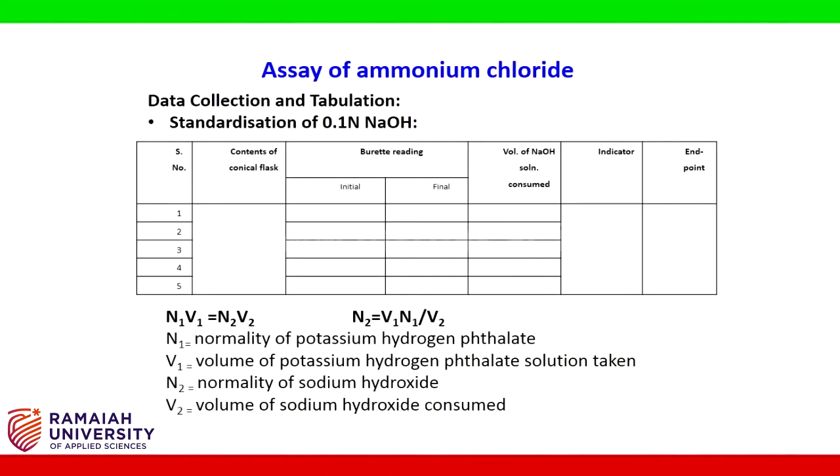Normality of the titrant sodium hydroxide is calculated using the formula N2 = V1N1/V2, where N1 is normality of potassium hydrogen phthalate, V1 is volume of potassium hydrogen phthalate, N2 is normality of sodium hydroxide, and V2 is volume of sodium hydroxide consumed.